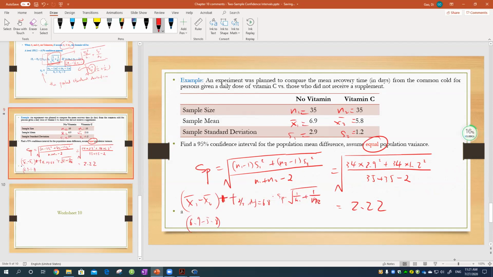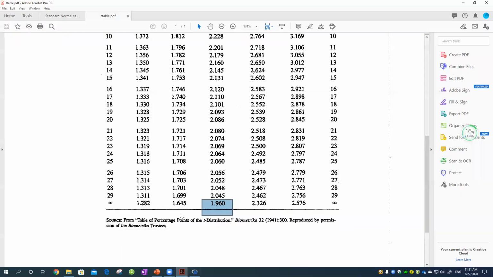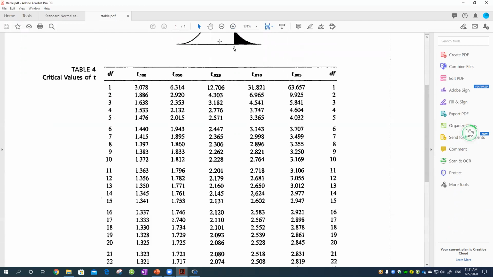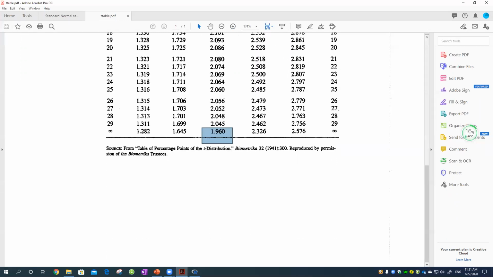Okay, here's a typo, plus or minus. The critical value is going to be t sub 0.025, because 0.05 divided by 2 is 0.025, with df equals 68. So if we check, this is still going to be 1.96, because for 68 we look at the infinite row, and then 0.025, this is 1.96.